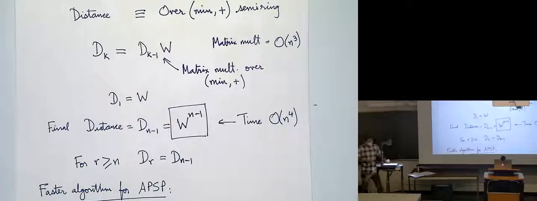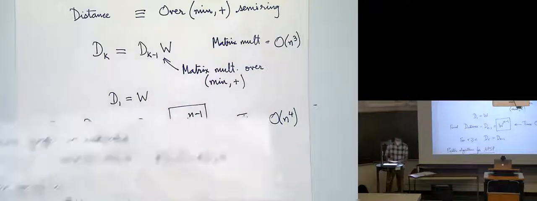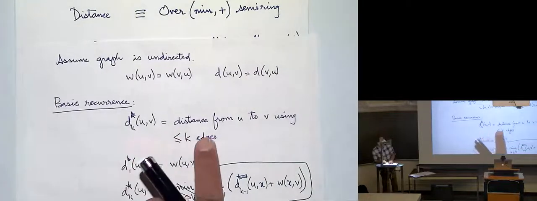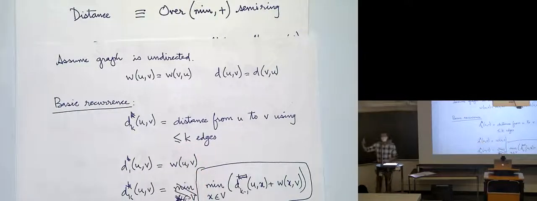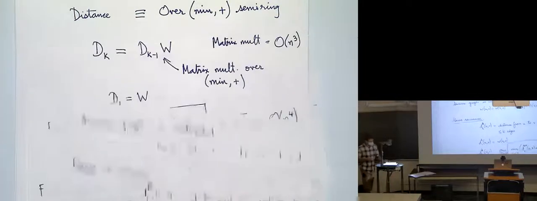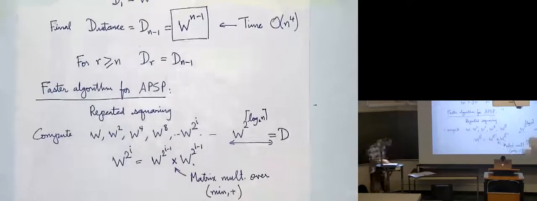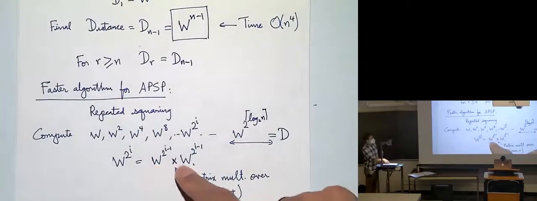Because remember that d_k is the distance from u to v using at most k edges. So you can use more than n edges, it's still at most. When you start powering beyond that, it's not going to make a difference because you already have the distances. And so then you can do matrix multiplication.